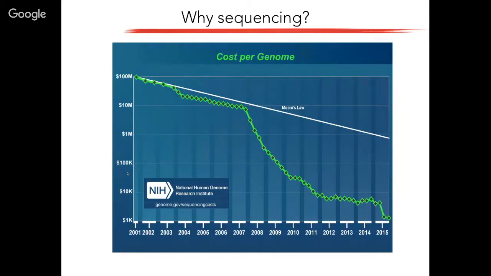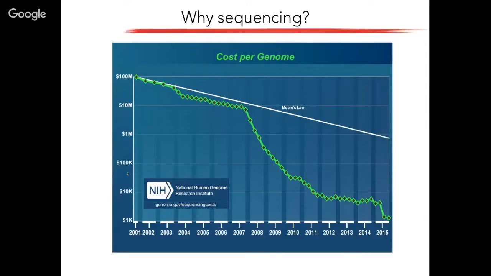Many of you may be aware of the fact that sequencing has gotten cheap, and yet it's still striking when you look at this graph to see just how quickly DNA sequencing technology has improved. On the x-axis is time since 2001, which is when the human genome was sequenced, and on the y-axis is cost, on a log scale.